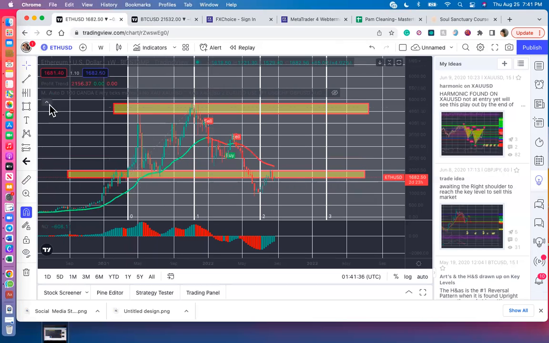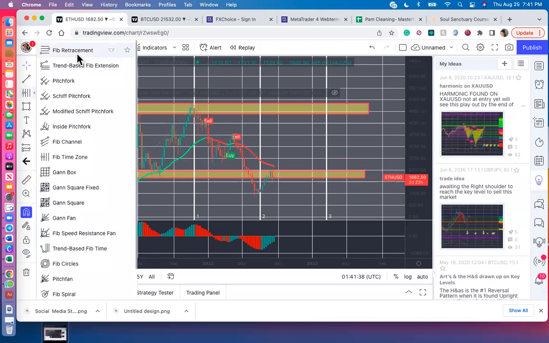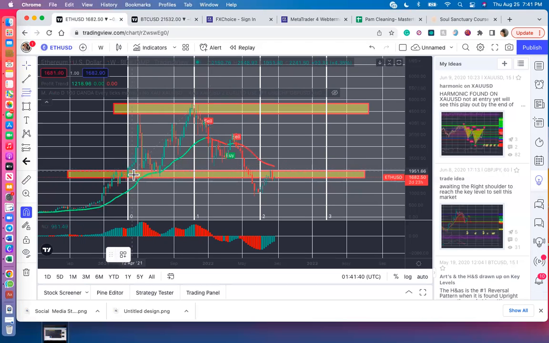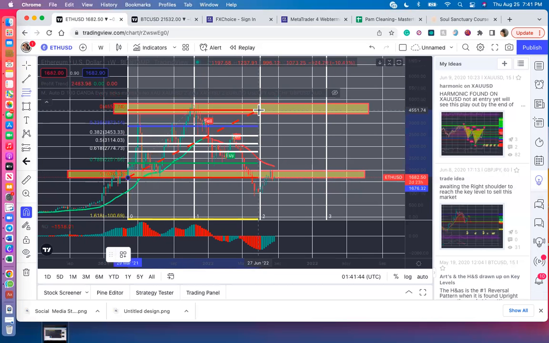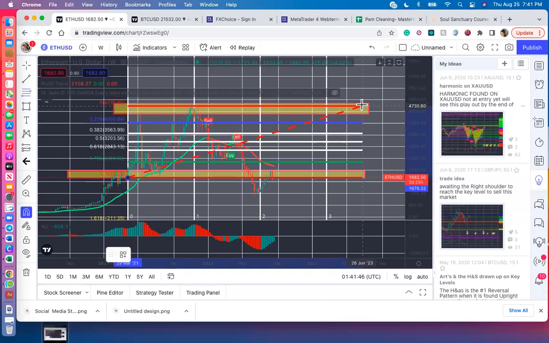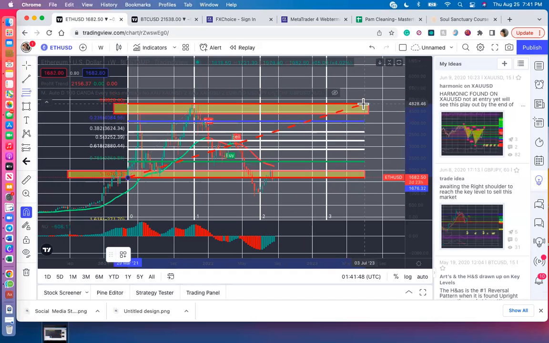All right, so now we're going to come over here again and grab our fib retracement, which is our price. Come from the same area. Go. All right, so now you can kind of see on Ethereum how it's set up.